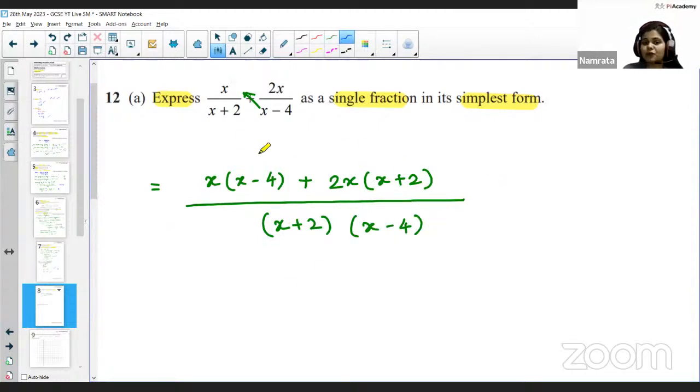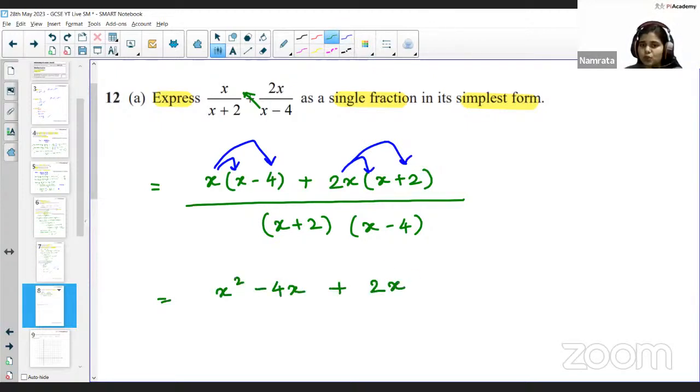We know expansion of brackets, multiplying term by term. So here we have x times x, that is x square minus 4x plus 2x square plus 4x over, we'll keep the brackets as it is.